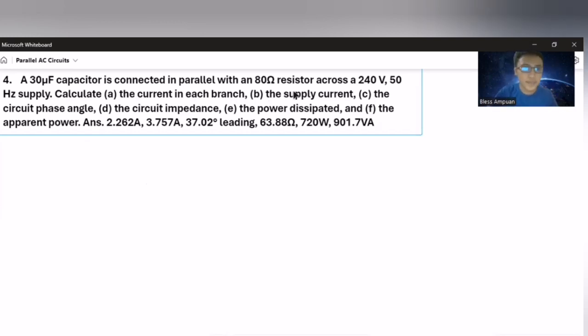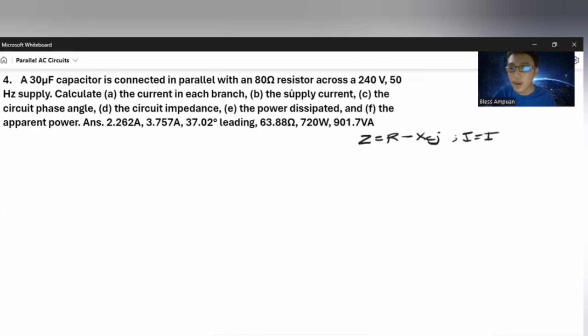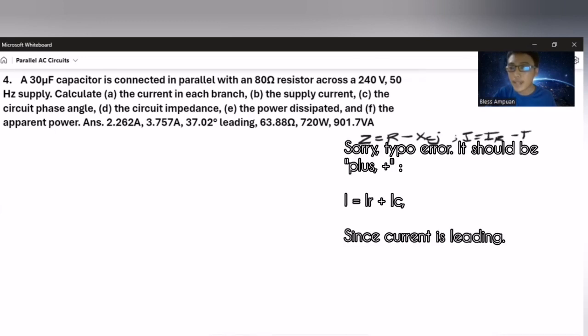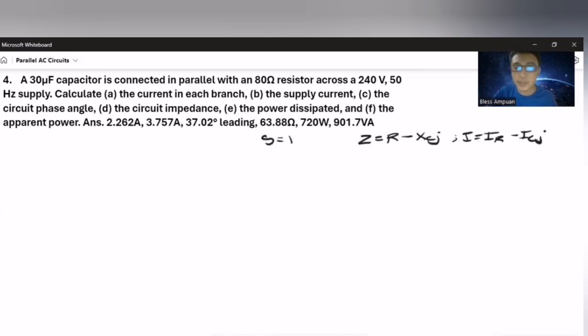Now in this problem, our impedance for the capacitive circuit, dealing only with resistance and capacitor, is not R plus, it is minus X sub C J. Then the total current is also equal to I sub R minus I sub C J, and of course the apparent power S is equal to the real power P minus QJ.